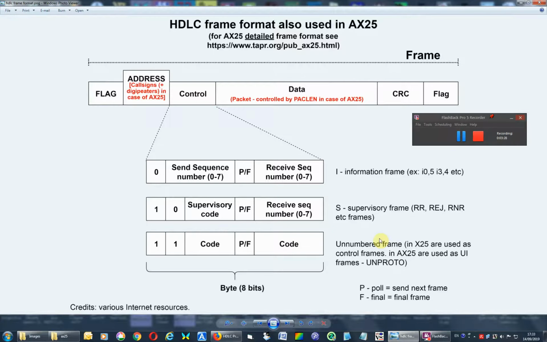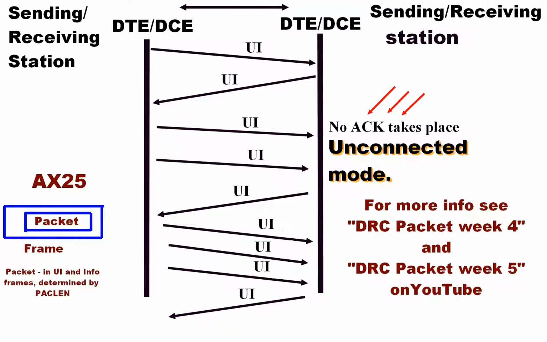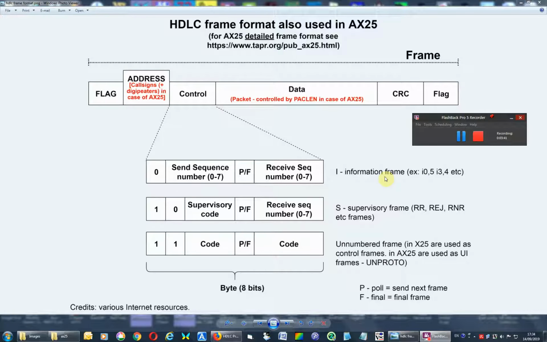I'm not sure, I'm not 100% sure to be honest with you. I'm not a networking professional. This is just information collected as part of the hobby from the internet. So UI frames we'll have a look at later in the video.